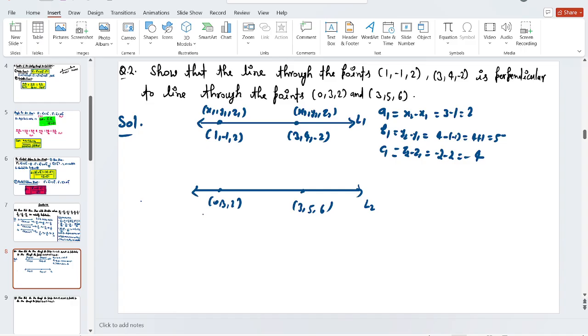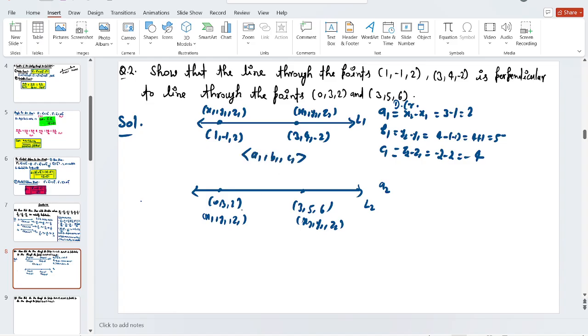So taking these points as x1 comma y1 comma z1 and x2 comma y2 comma z2, let the direction ratio of this line L2 be a2 b2 c2, and the direction ratio of L1 is a1 b1 c1.